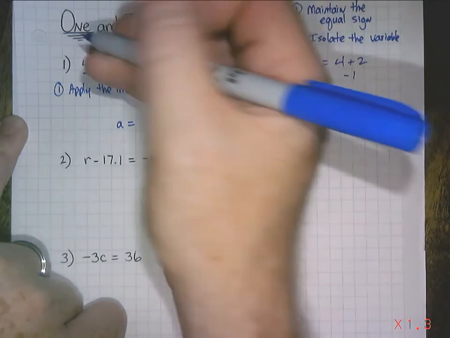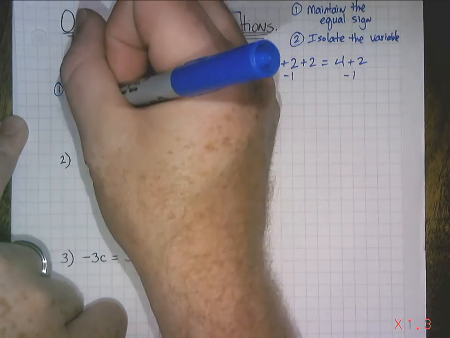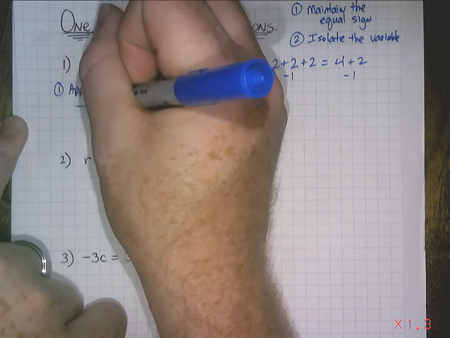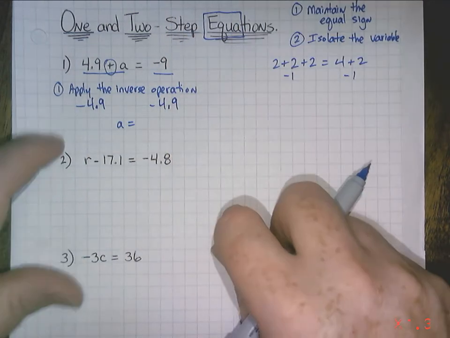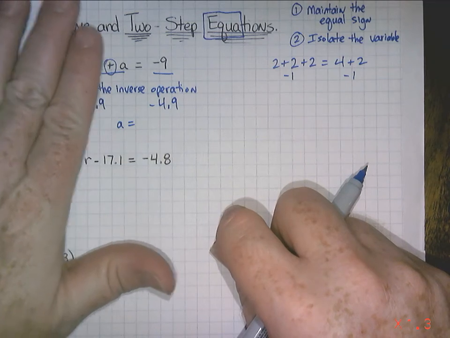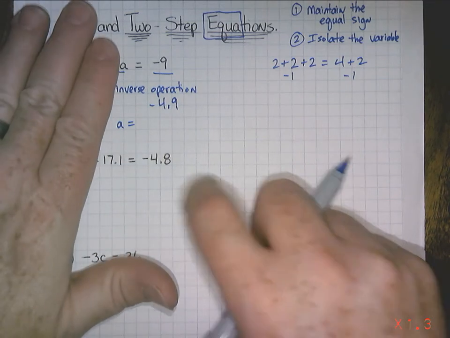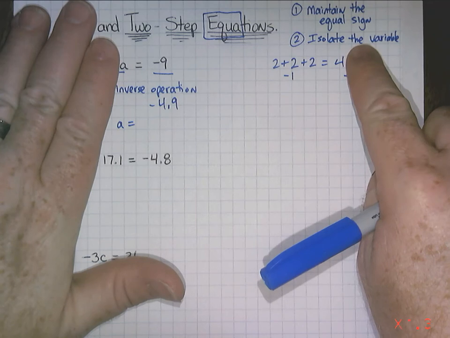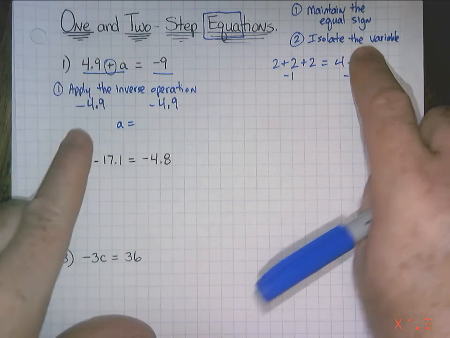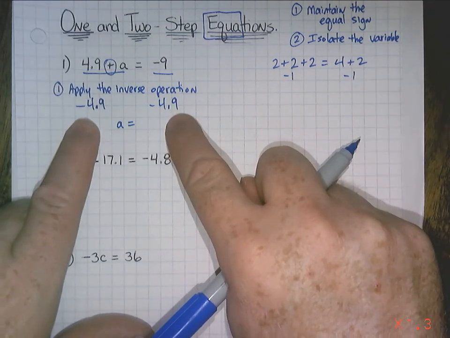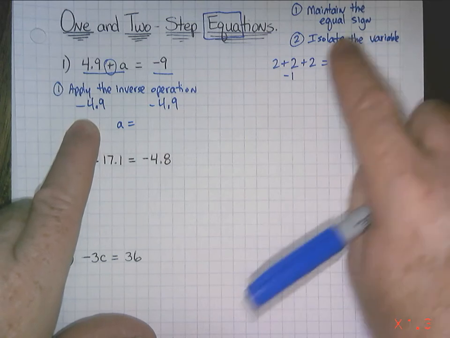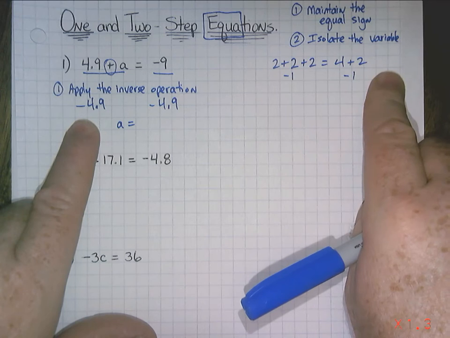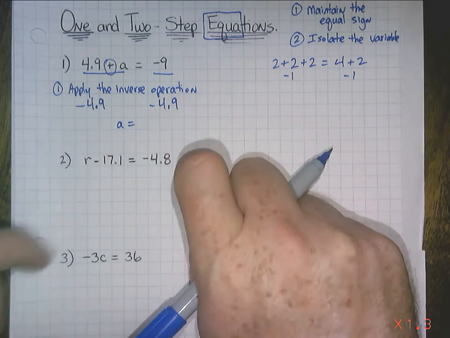If we were to subtract 4.9 from both sides, not only will we isolate the variable, where A is by itself, but because we subtracted 4.9 from both sides, we have maintained the equal sign. Whatever we've done to one side, we have to do to the other side. So that's what we're doing here.